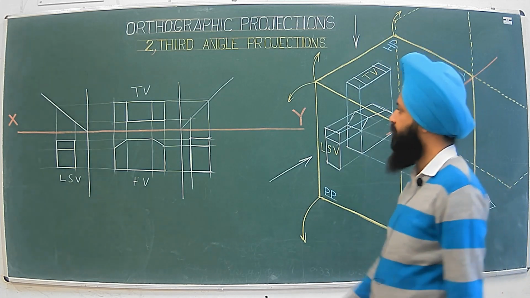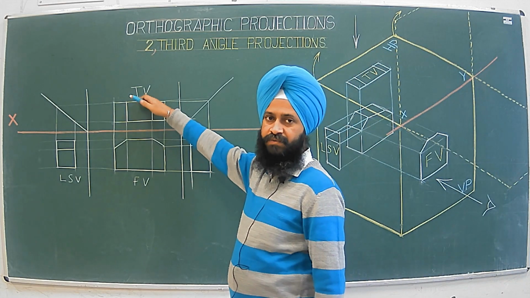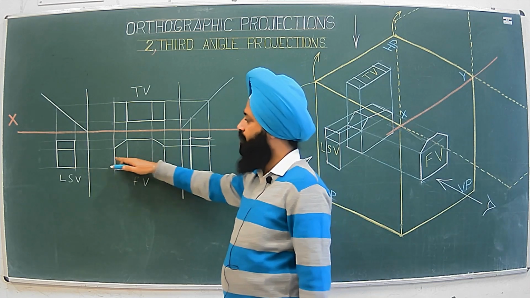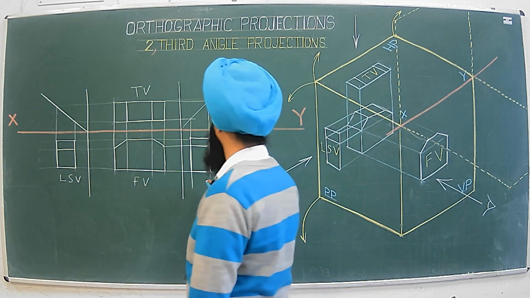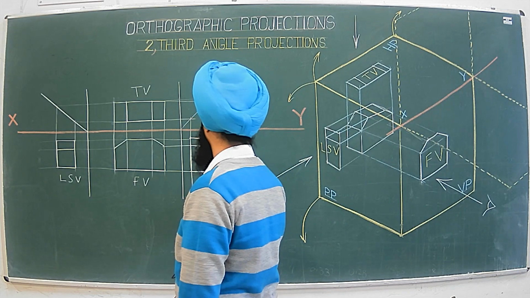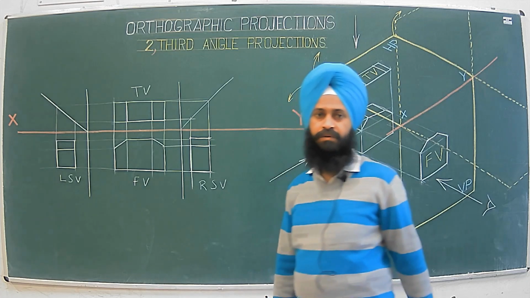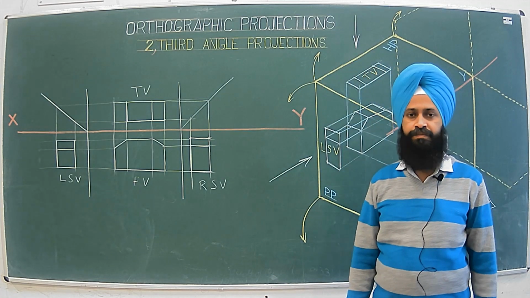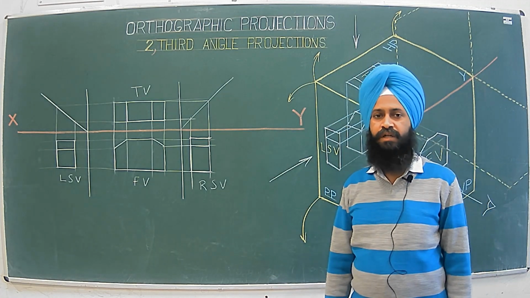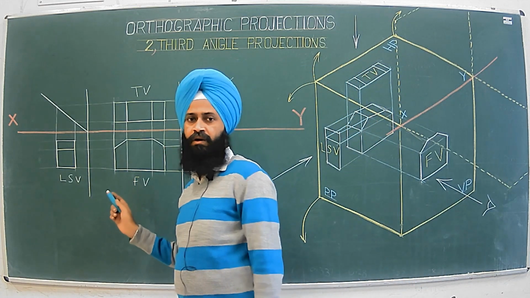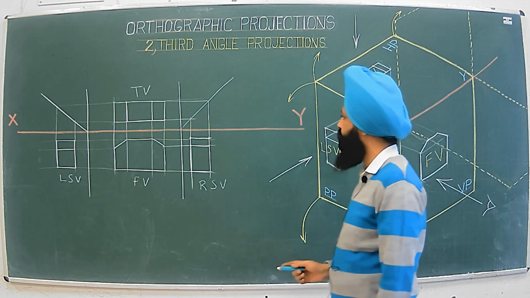You have to just remember that the top view is drawn above the XY line, and the front view is drawn below the XY line. On the left hand side we have the left side view, and on the right hand side we have the right side view for third angle projection. These are the main views that we draw: top view, front view, and either of the side views, as per the requirement.